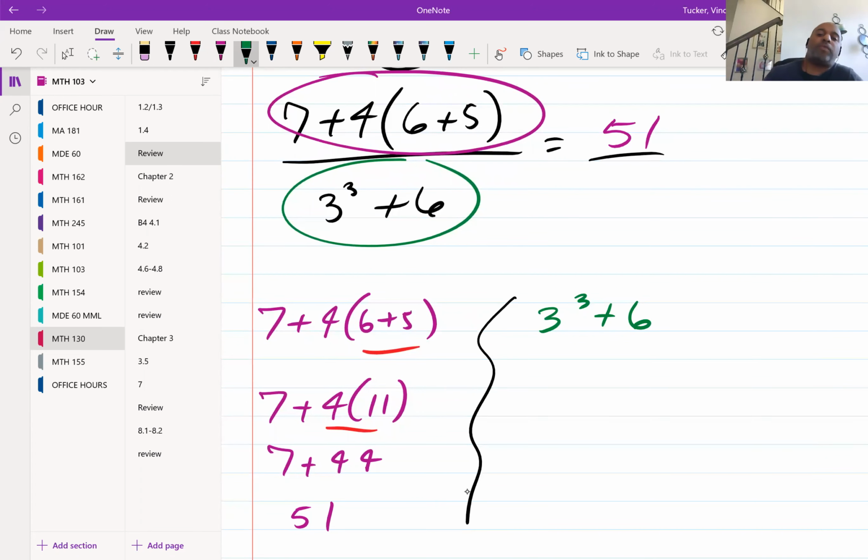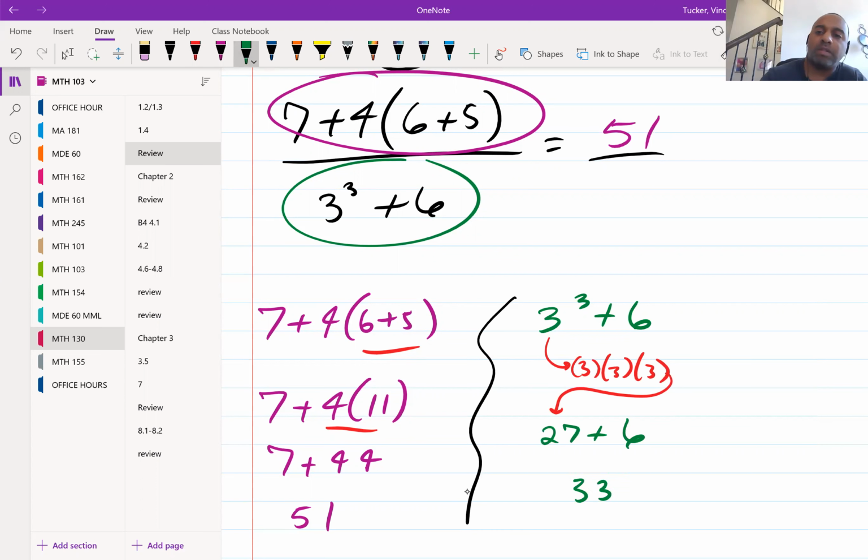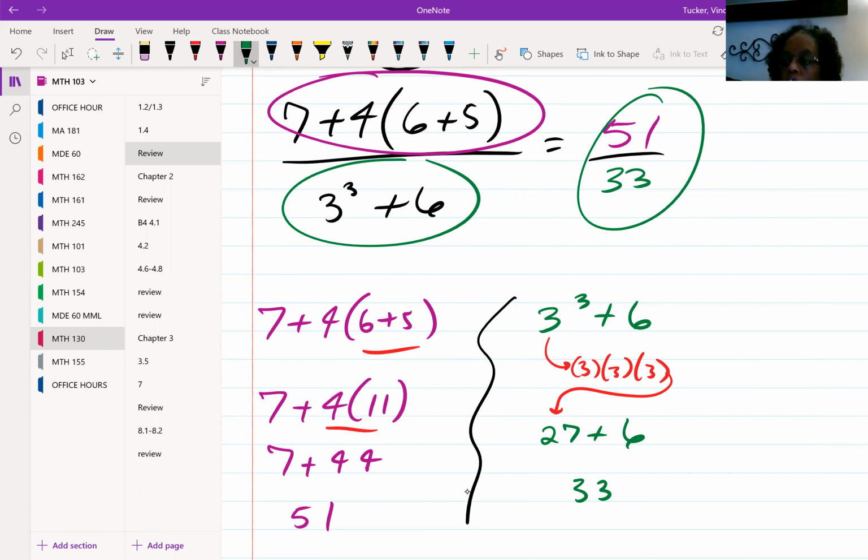All right, next one we have 3 cubed first. Exponents want to get your attention first. So that means we're going to do 3 times 3 times 3, which is 27. You add 6, that's 33. And that's all you can do with that.